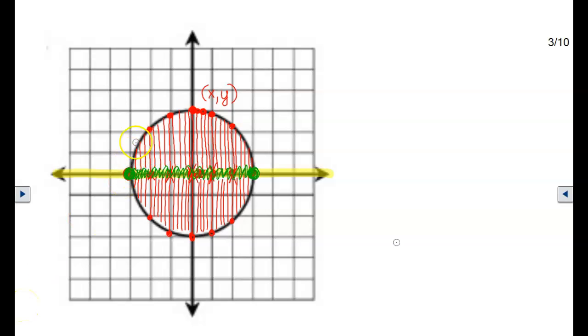So if I take every single point on the top half of this circle and every single point on the bottom half of this circle, and I trace them all back to the x-axis, I'm going to end up with this section of the x-axis being my domain.